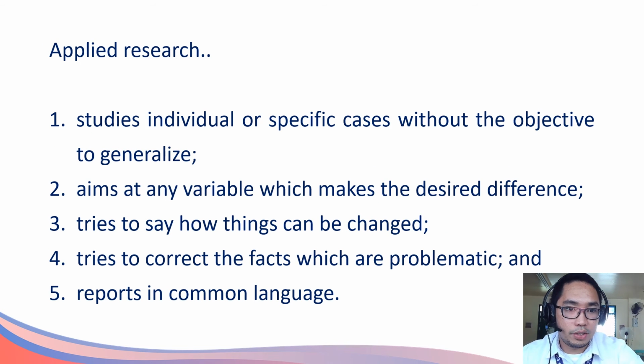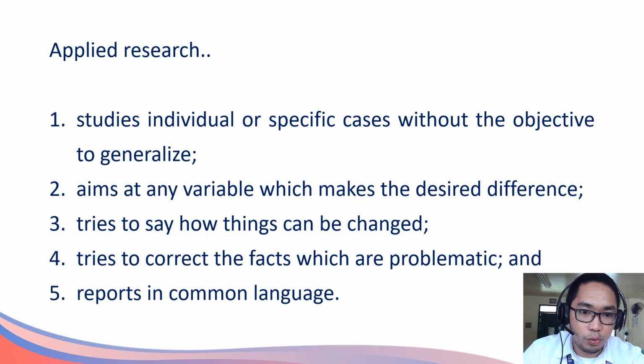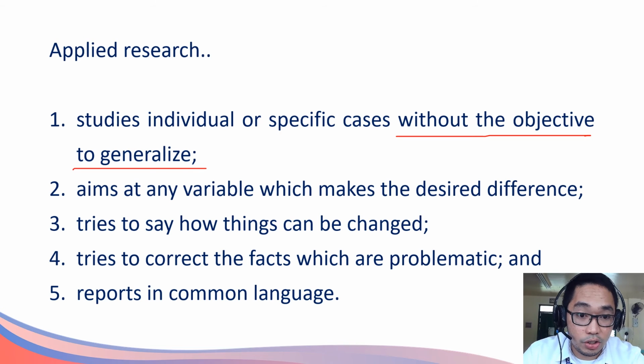Now, applied research, number one, studies individual or specific cases without the objective to generalize. So, ano ibig sabihin nito? Without the objective to generalize, meaning if you are gathering data from a specific number of people which you think is representative of a bigger population, that is somehow conducting applied research without generalization, for a particular case, for example.